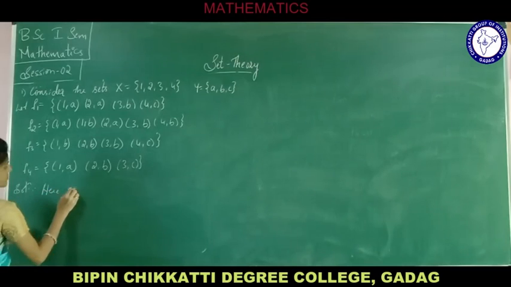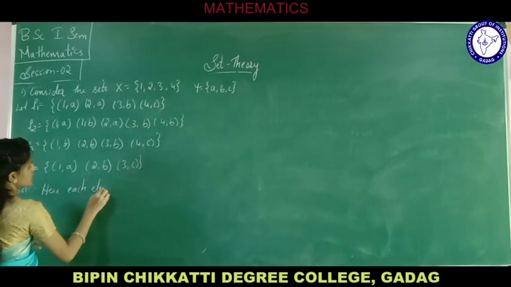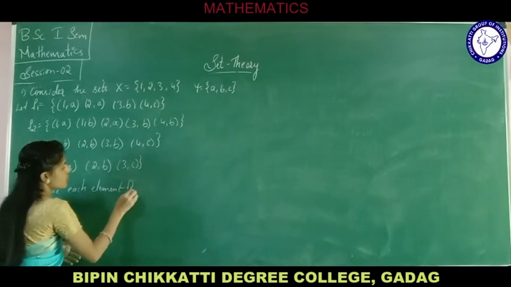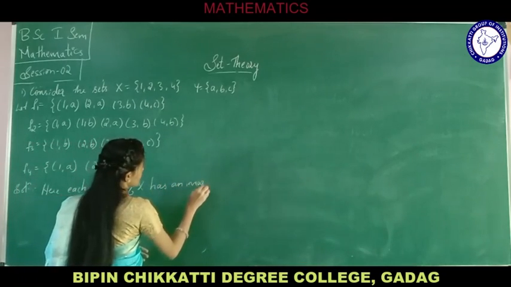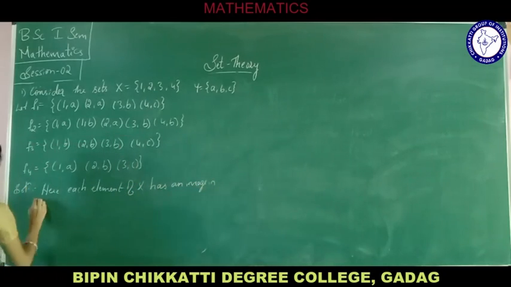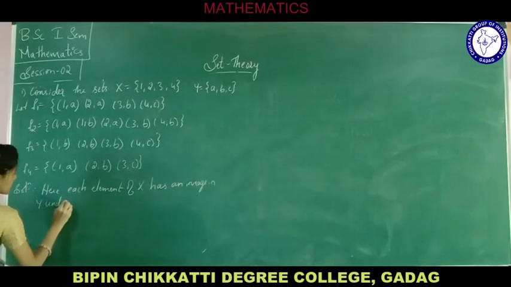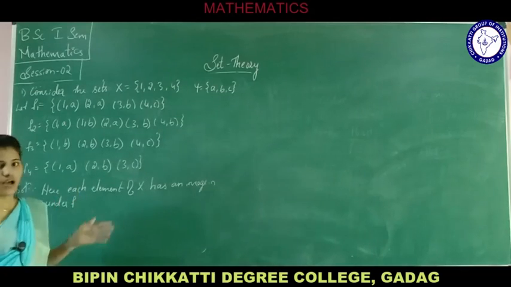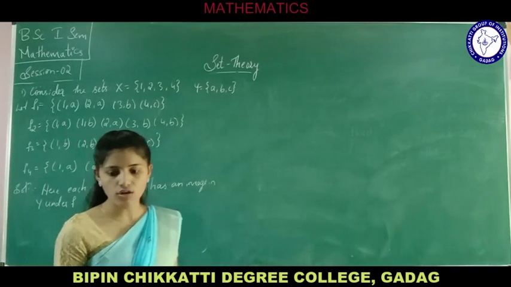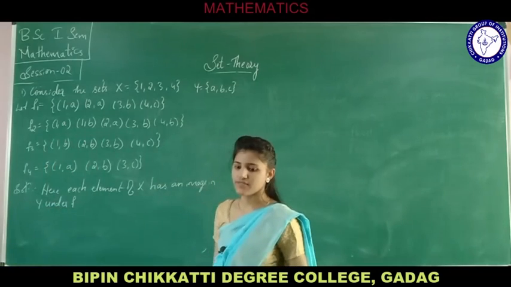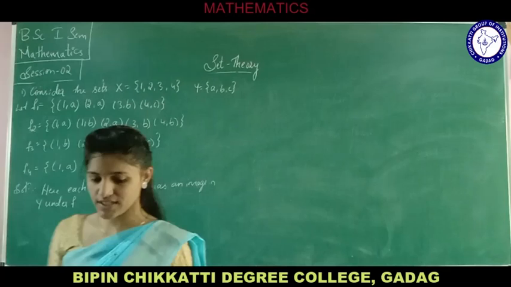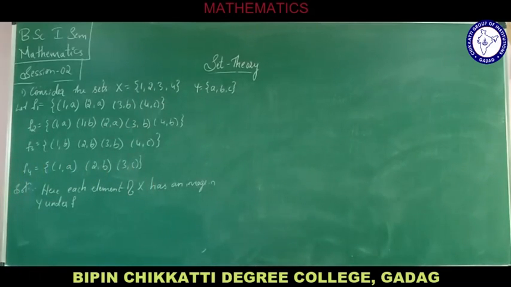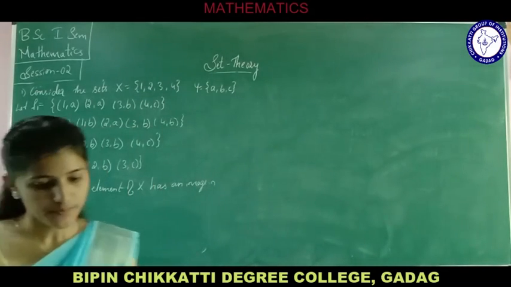Of course, we have it. Also, all the ordered pairs in f1 have different first elements. Do we have it? The first entry is different, right?